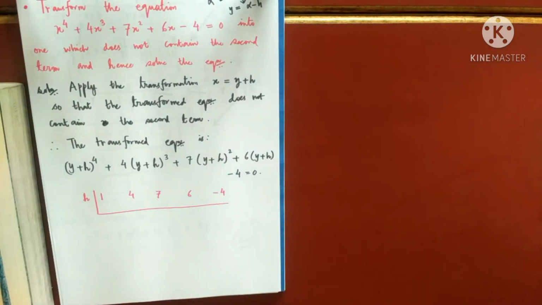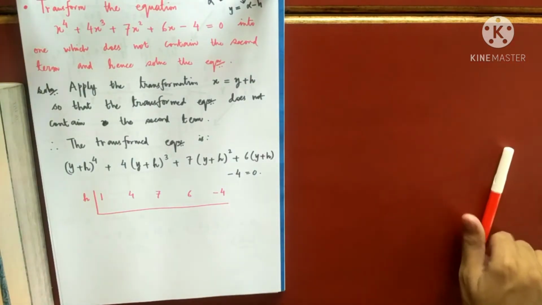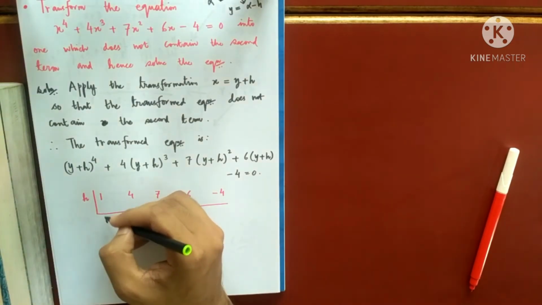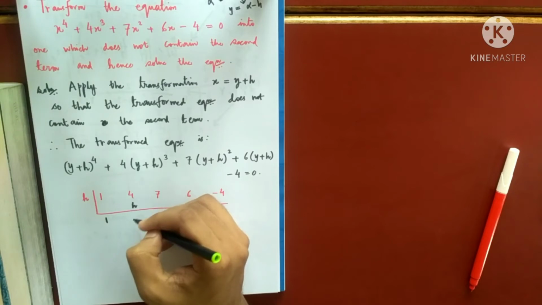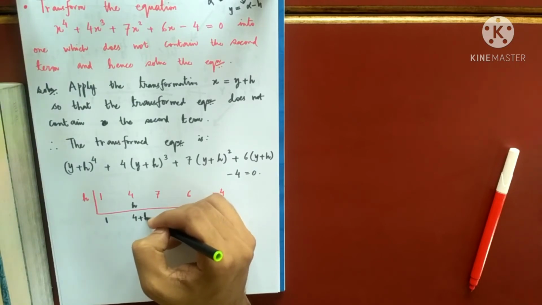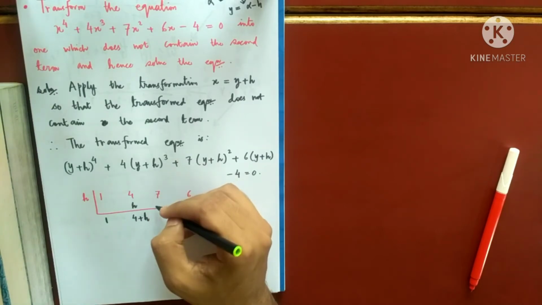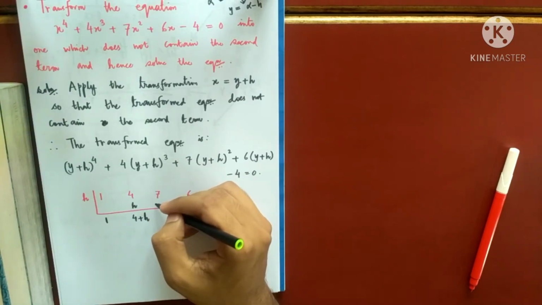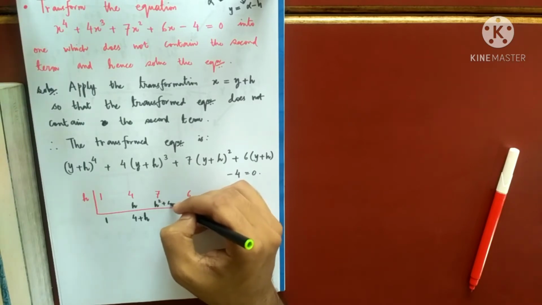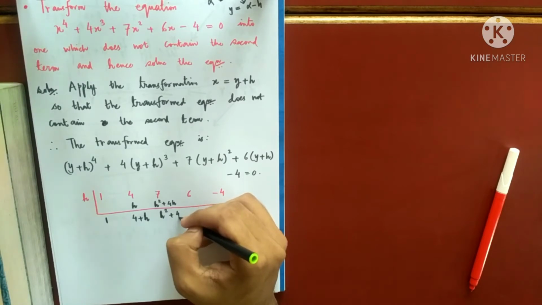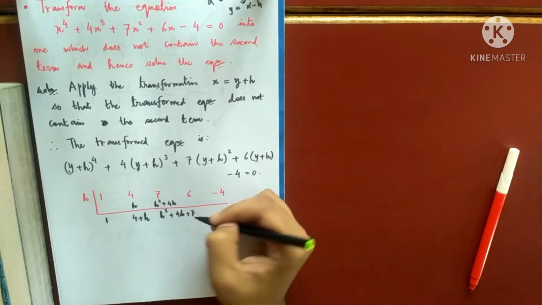Right? So you know the rule. You carry this 1 like this only, and then 1 into h is h, so this will become 4 plus h. And h into this will become 4h square plus 4h. So if I add them, this will become h square plus 4h plus 7.